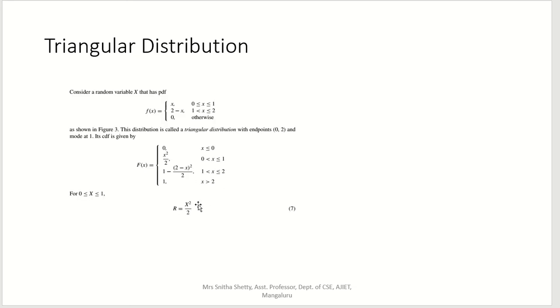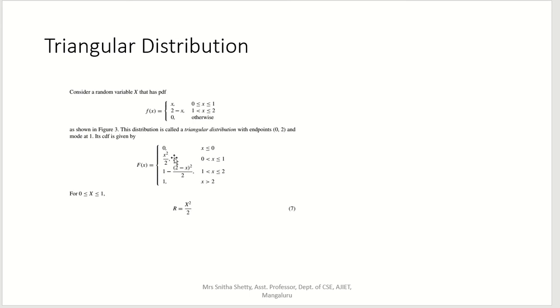Now see, in the previous distribution there was only one formula in the CDF, but here they have given two values. So here you can see two possible values for the CDF. One is x square by 2, one more is 1 minus (2 minus x) square by 2.